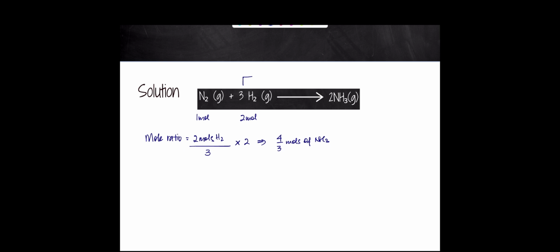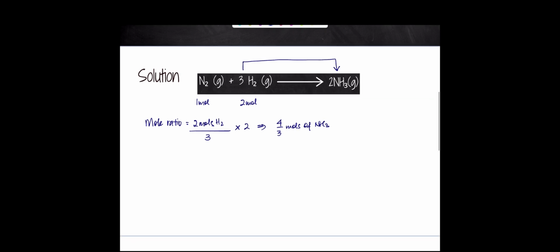So what did I just do? I did a comparison between hydrogen and ammonia. The second comparison will be between nitrogen and ammonia. I repeat the same mole ratio step, starting with my moles of known. Known in this case is nitrogen, divided by the coefficient of nitrogen, multiply by the coefficient of desired, which is ammonia.